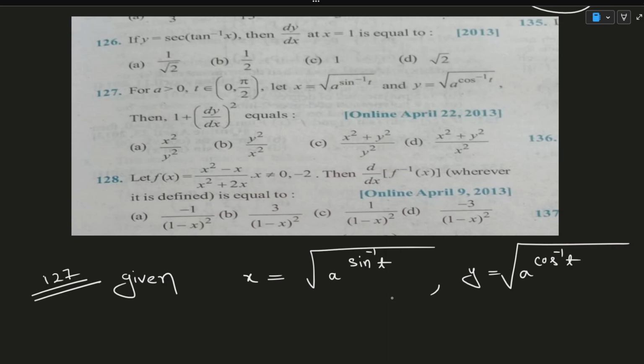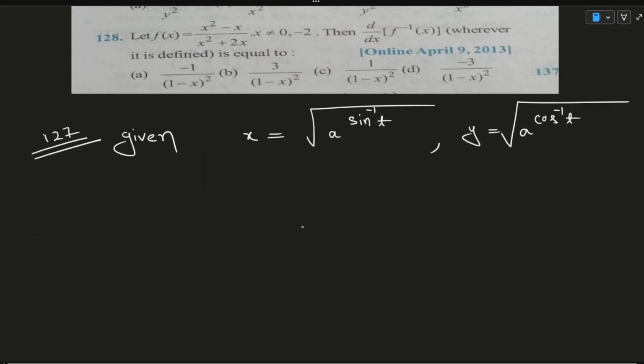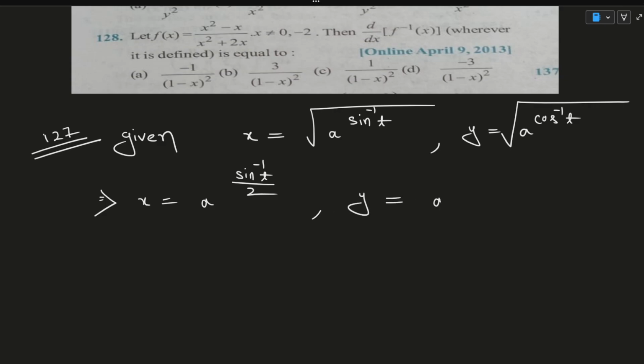So I can write it further as x equals a to the power sine inverse t by 2, and y is written as a to the power cos inverse of t by 2. So clearly we can see that it is parametric.